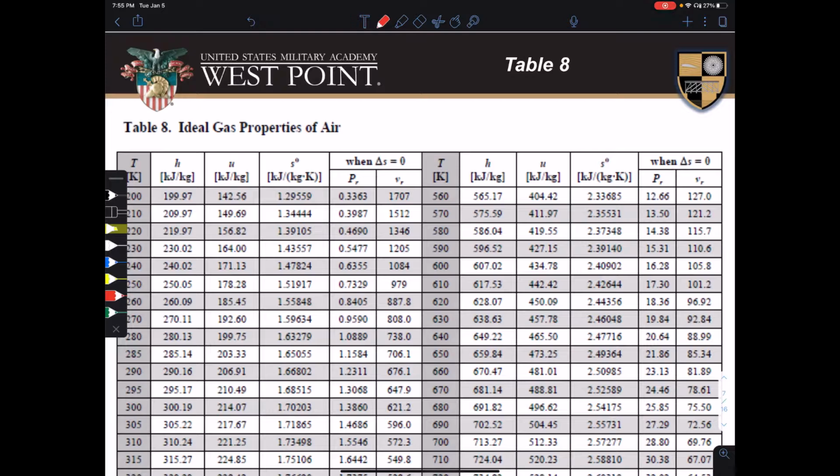And again, you can see where we have our properties that we've talked about, some new ones today. So our S degree at temperature T. We also have our relative pressure, P sub R, and our relative volume, V sub R here. And remember, this is tabulated only for our ideal gas properties of air, and only applies for our isentropic relation, so when our change in entropy is equal to 0.